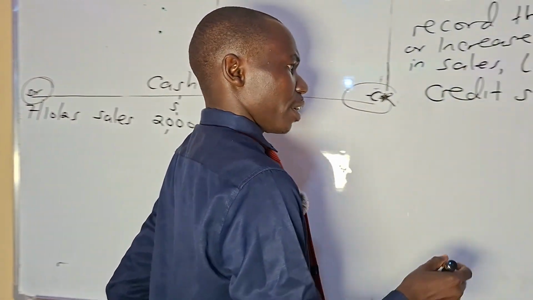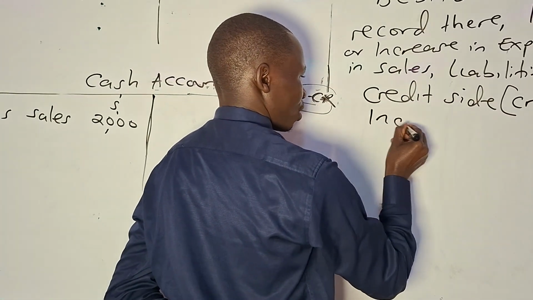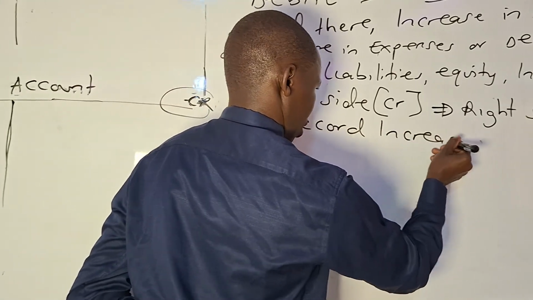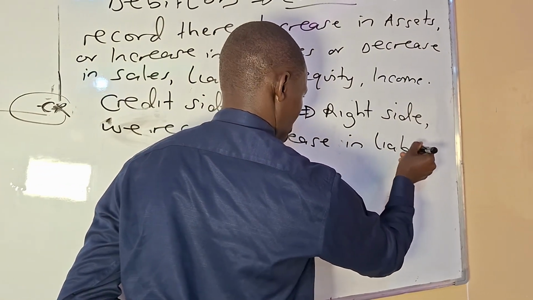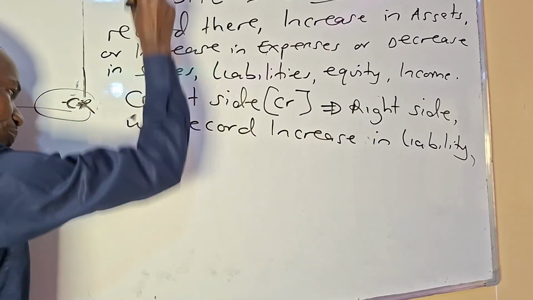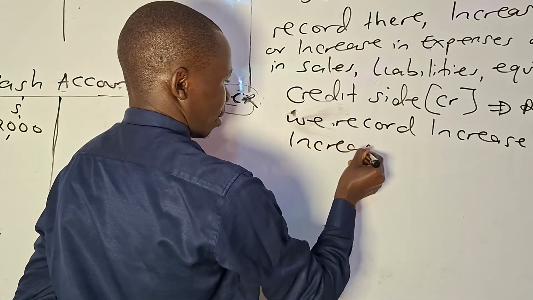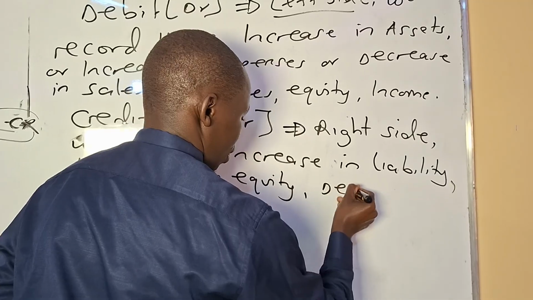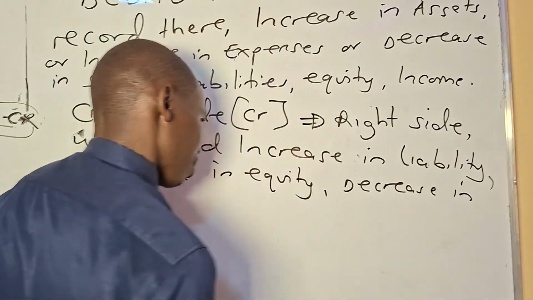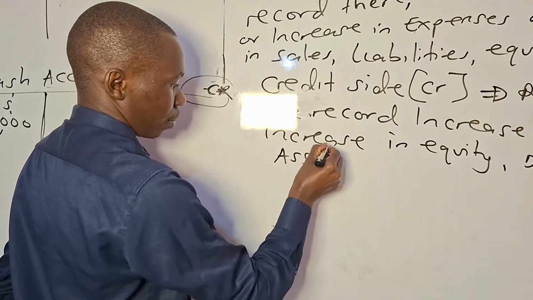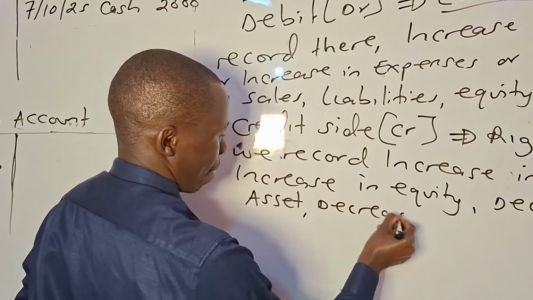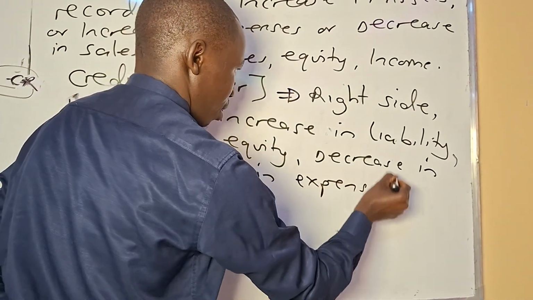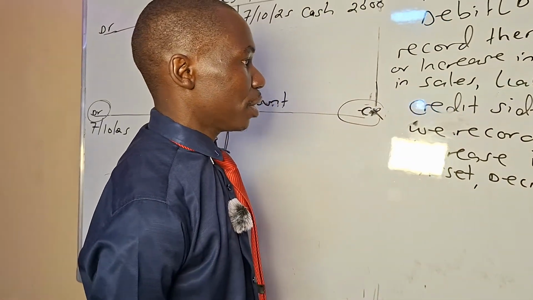CR. What do you record there? Of course, we record increase in liability. From our accounting equation, we go back. Liability, increase in equity, decrease in asset, decrease in expenses, even increase in income is on that side.